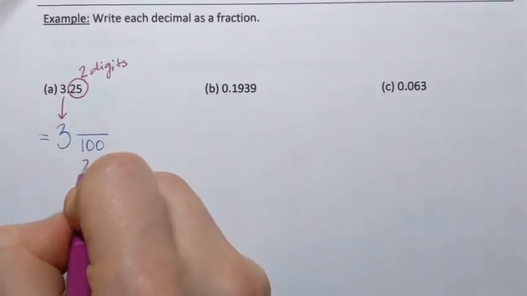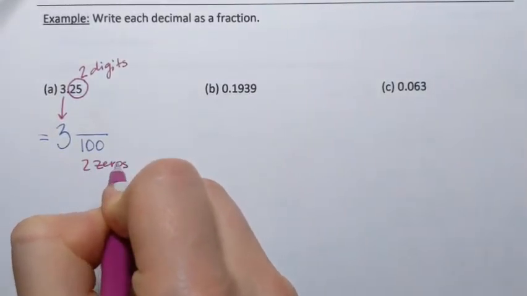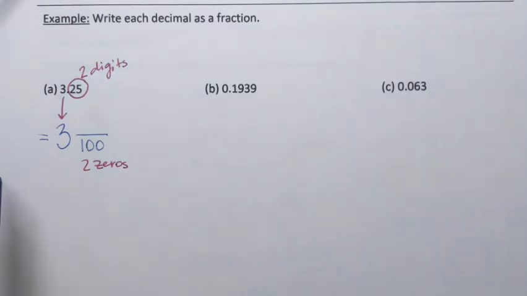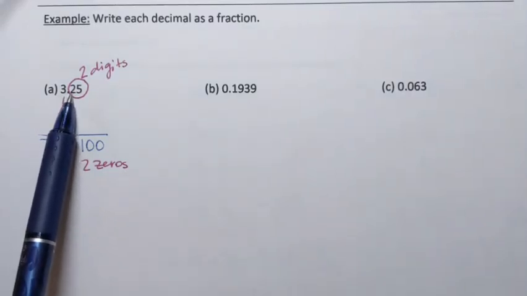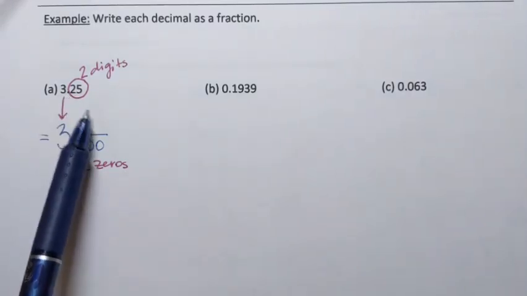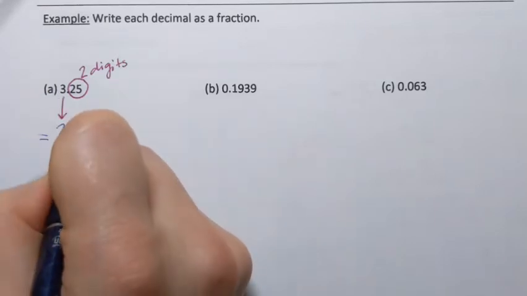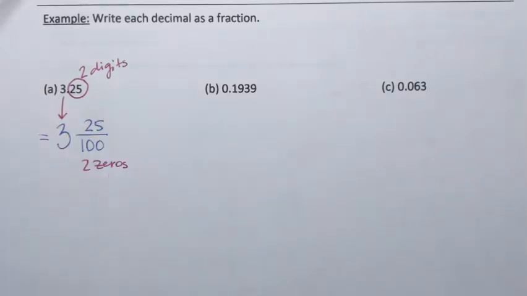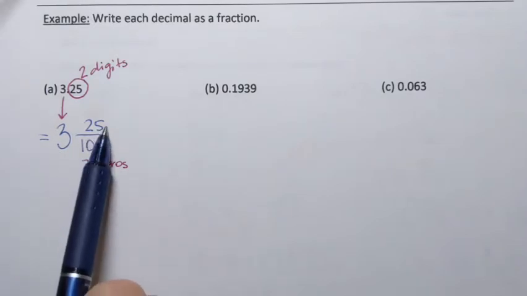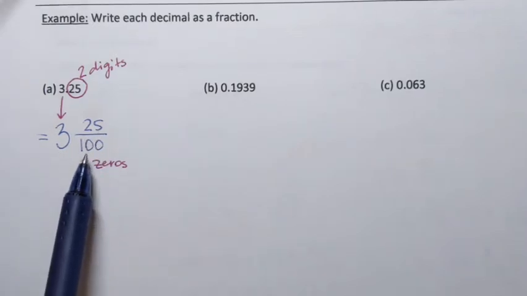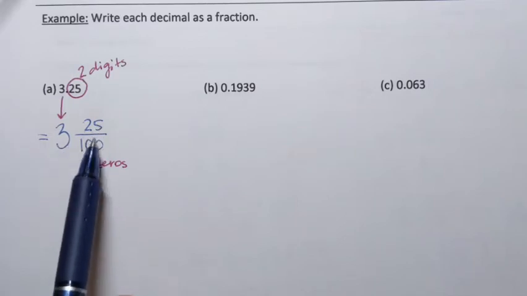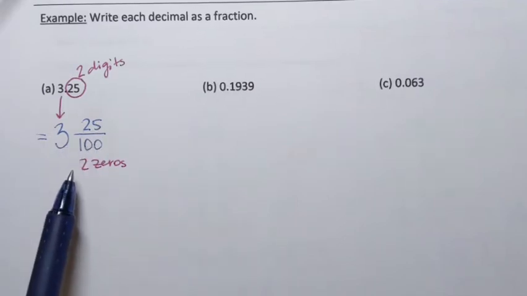And then after that, whatever I had after the decimal point, I have to place in the numerator. So 25. That's the fraction we obtained. It's 3 and 25 hundredths. So that's a mixed number, I should say. If you can simplify, go ahead and simplify.